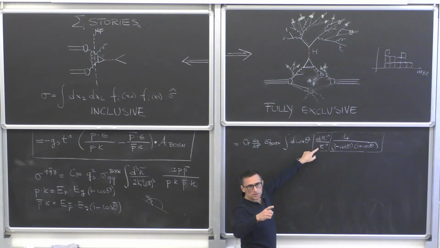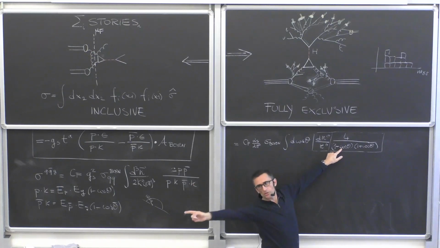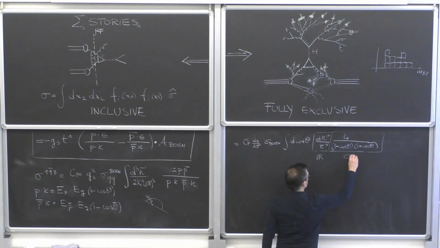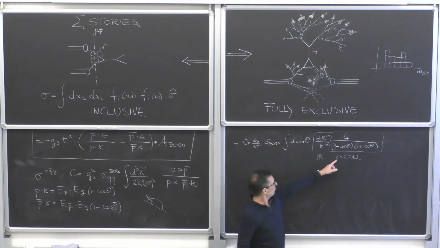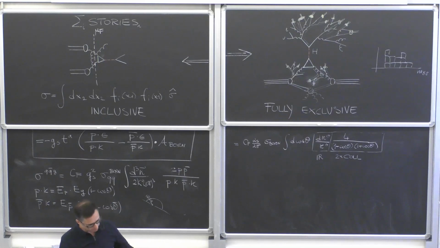So when the energy of the gluon goes to 0, this gives a log divergence. And when the gluon is collinear either with the quark or with the anti-quark, this also gives a log divergence. This is called infrared, and this is called collinear. You have 2 points where you have a divergence.